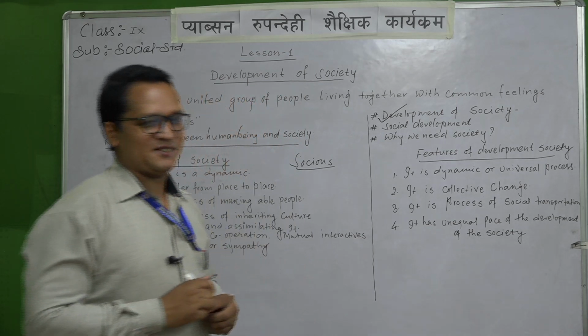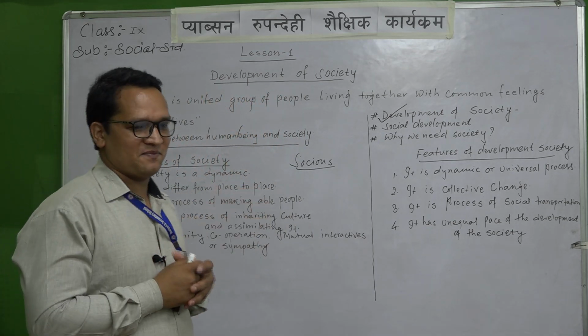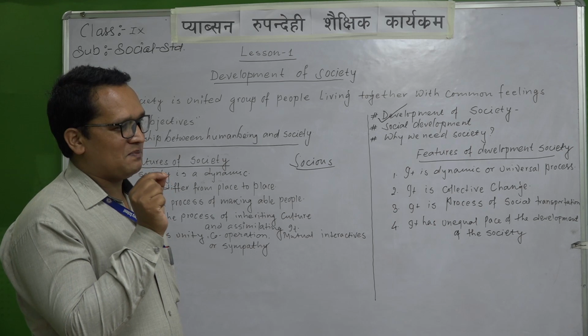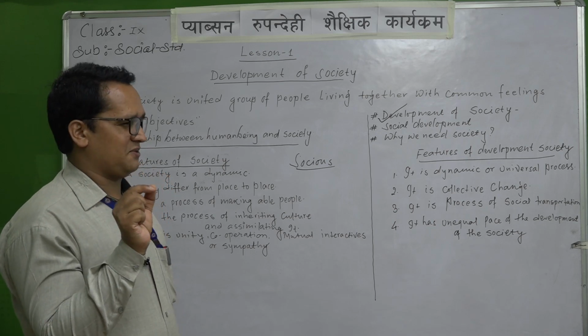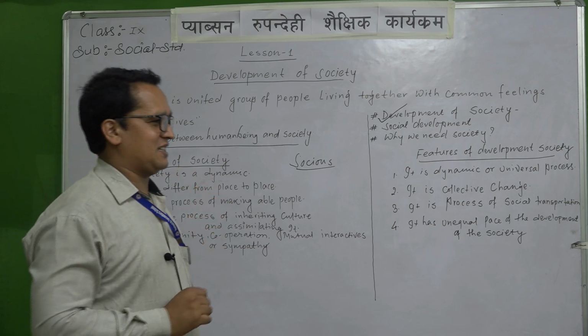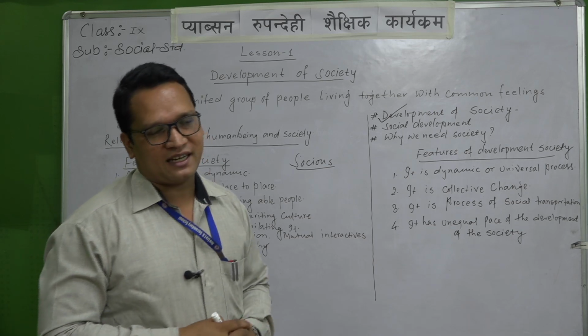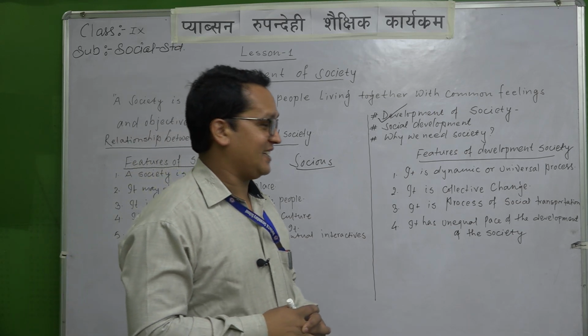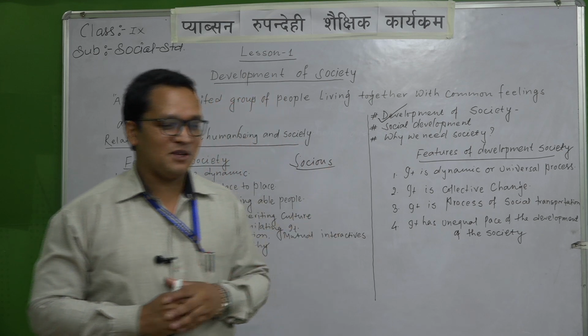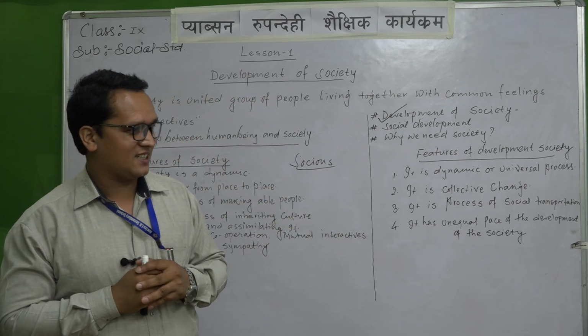Development of society. In previous times, there was no difference, we can say, or very little difference between human beings and the society, because in that time no civilization was there.